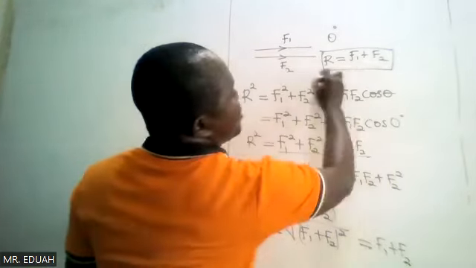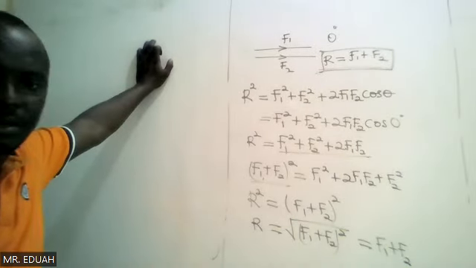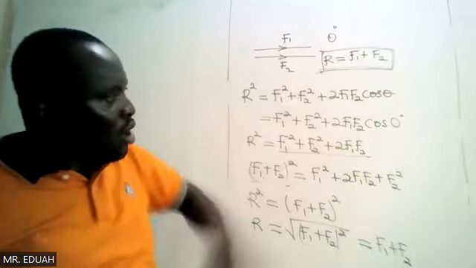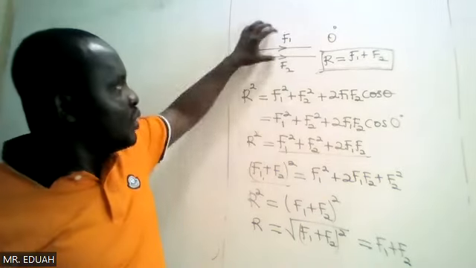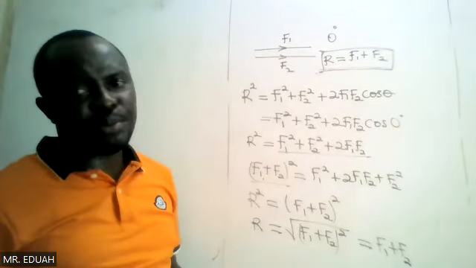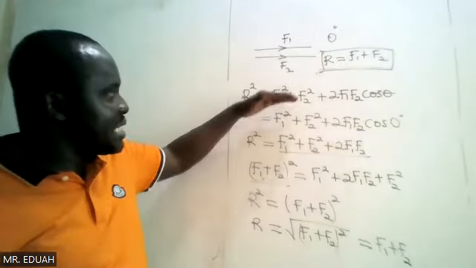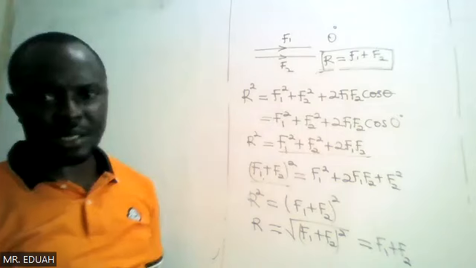Is it different from what we had earlier? No. We are using the cosine rule. When they are parallel along the same direction, the angle between them is 0. Let's substitute 0 into this, and it will give us the same thing.